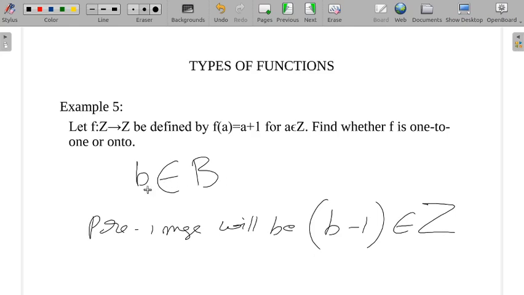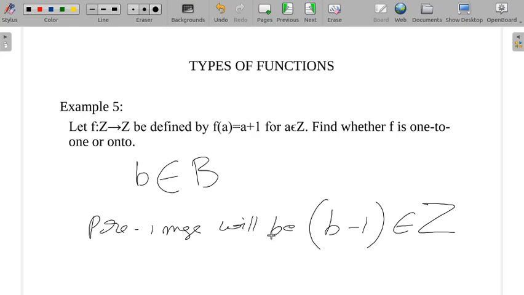So for every image in set B, which is made up of integers, there will be a pre-image in the form of b minus 1. So therefore this is an onto function as well.